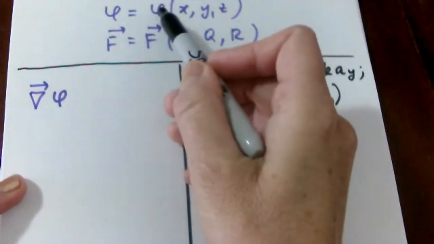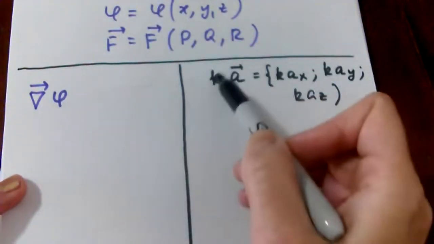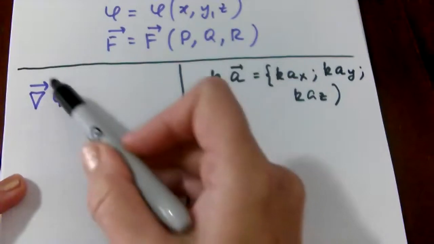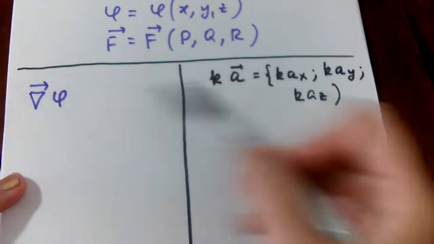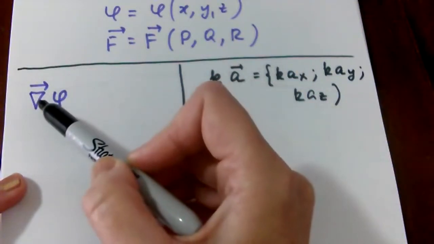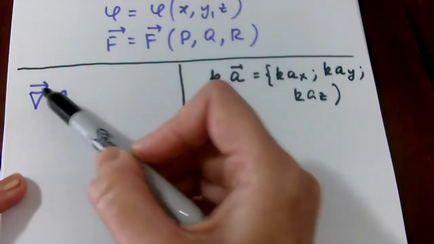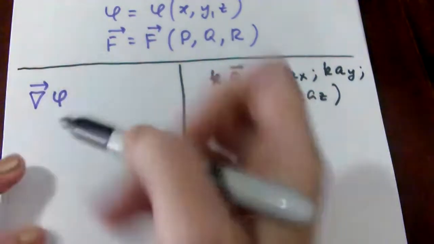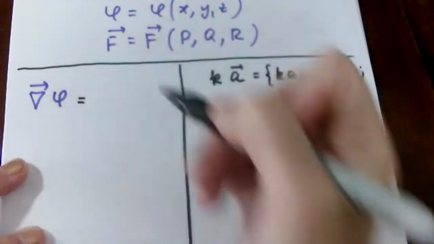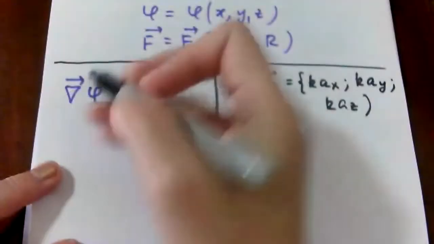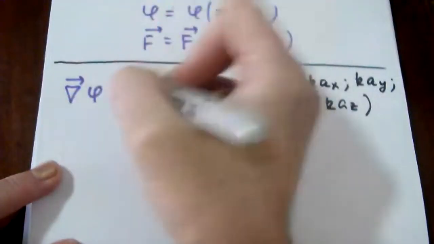It's just a function, but it plays the role of a number. So phi is like k. So in this case, this thing does look like multiplying the given vector nabla by a constant k. You can imagine this. Okay, let's perform this operation. But let's just write down the vector nabla first.